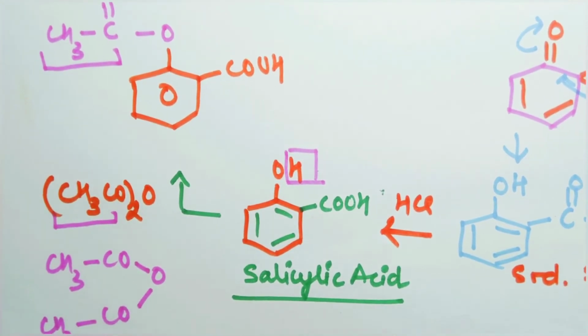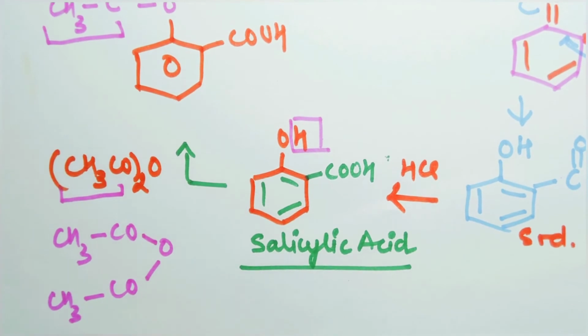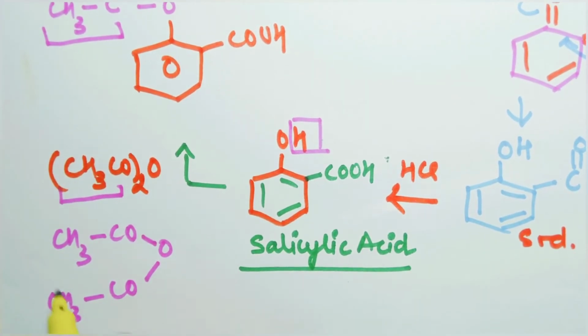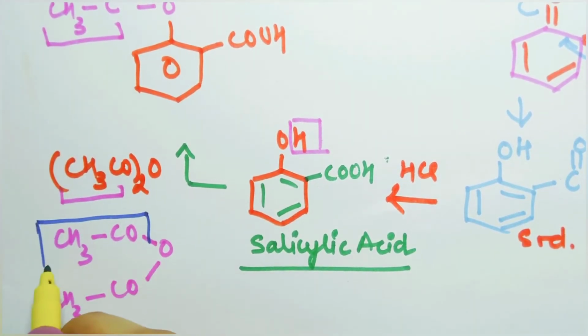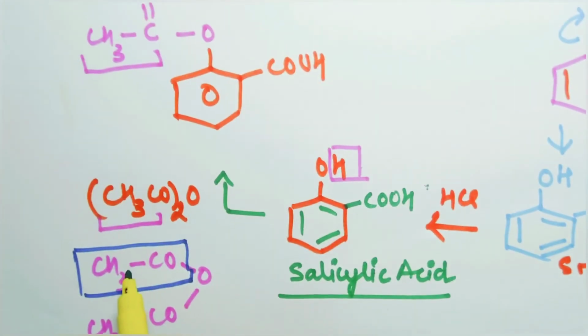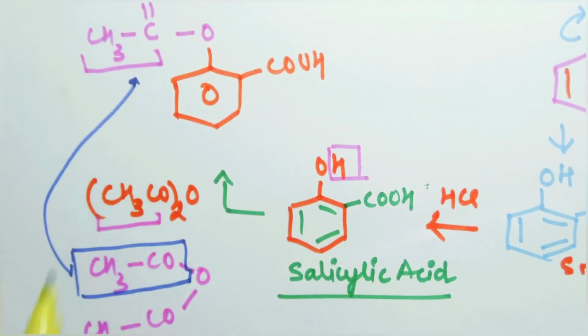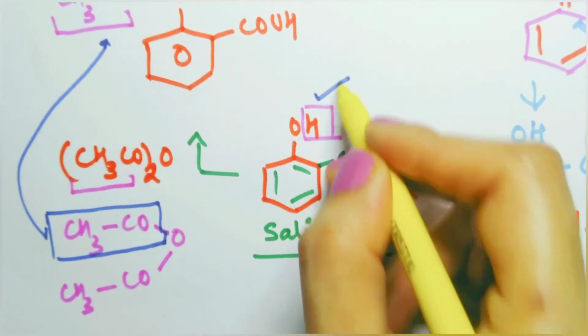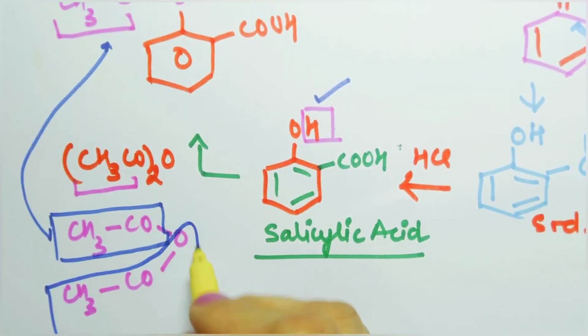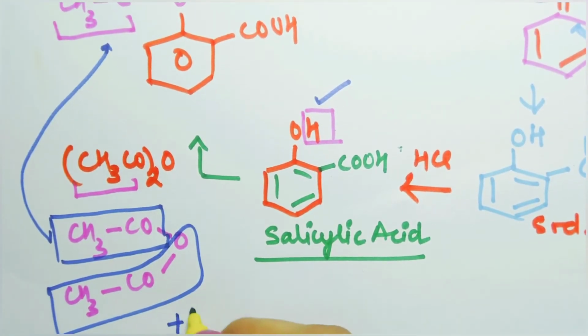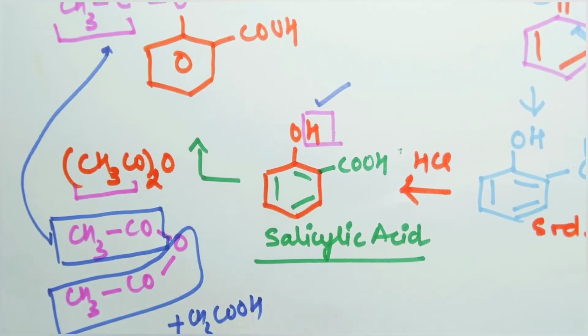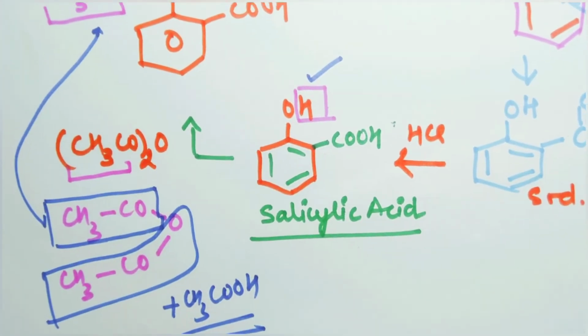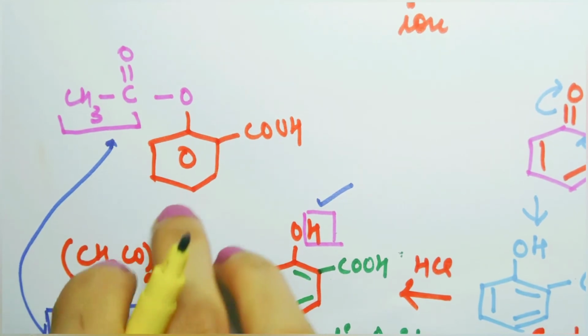This one is your group. So here, removal of acid will be the CH3COO group. This group will be migrating here, and this H and this CH3CO. So there will be a byproduct CH3COOH. This will be your byproduct, and this will be your main product.